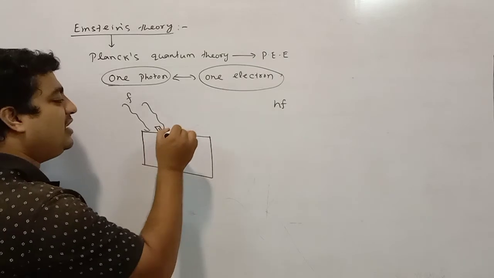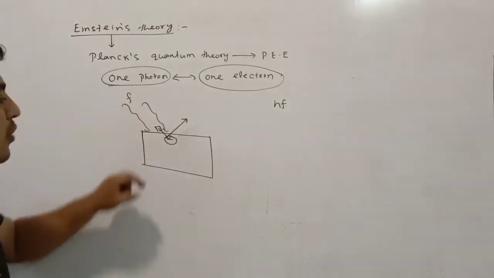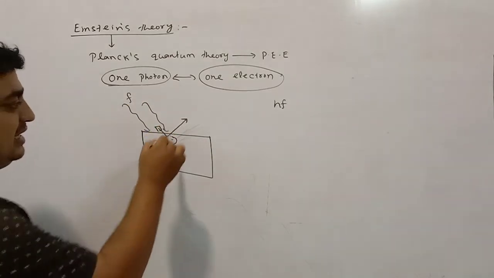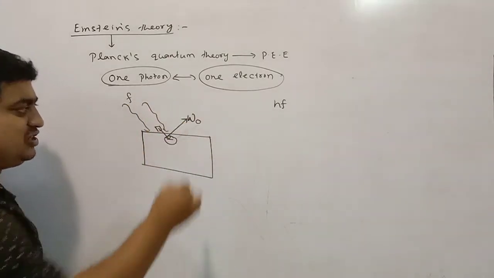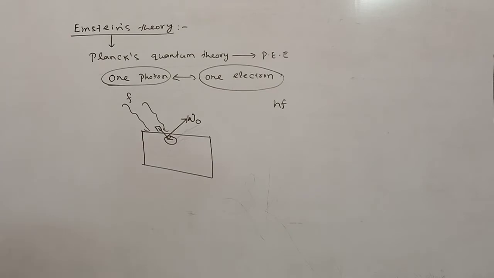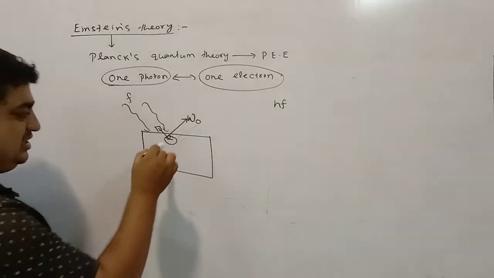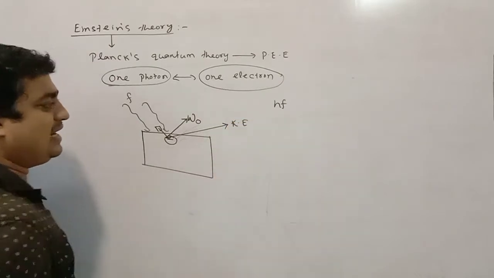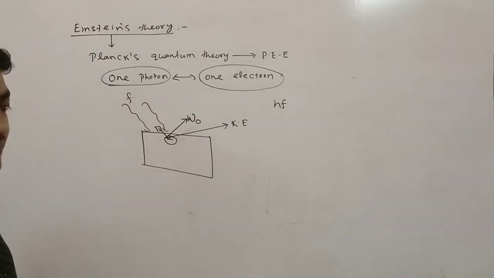A part of the energy is used to emit the electron just from the metal surface. This amount of energy is called work function. The rest of the energy is utilized as the kinetic energy of the photoelectron.